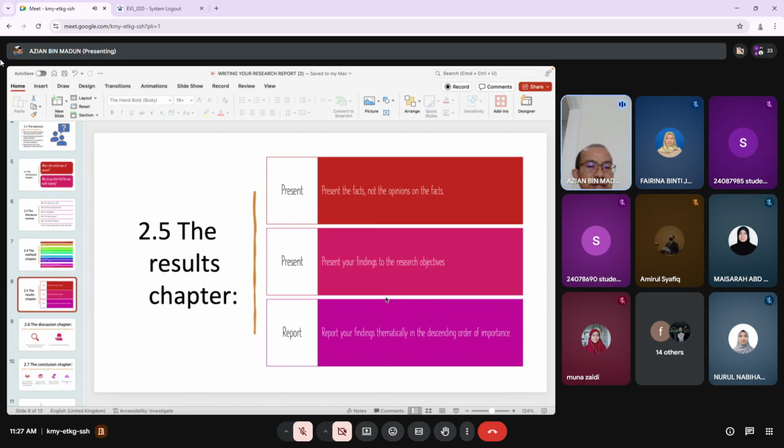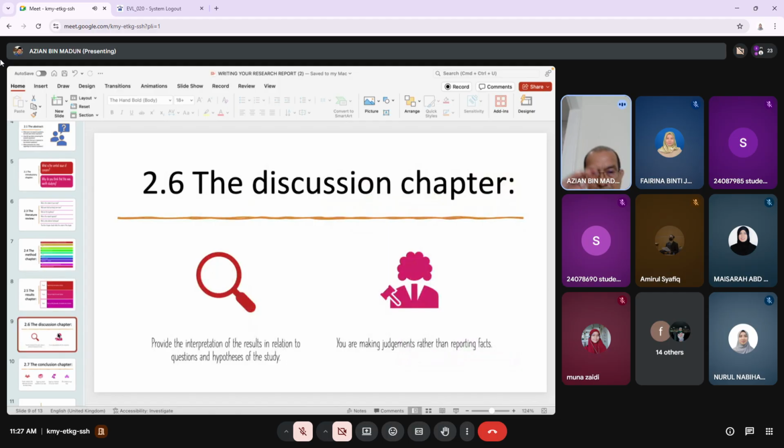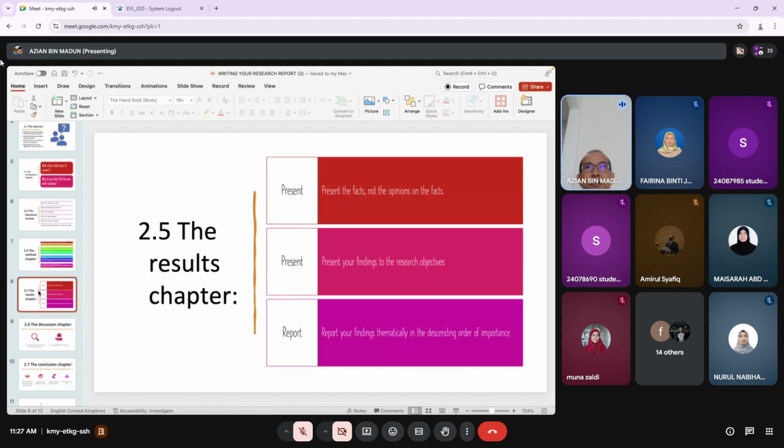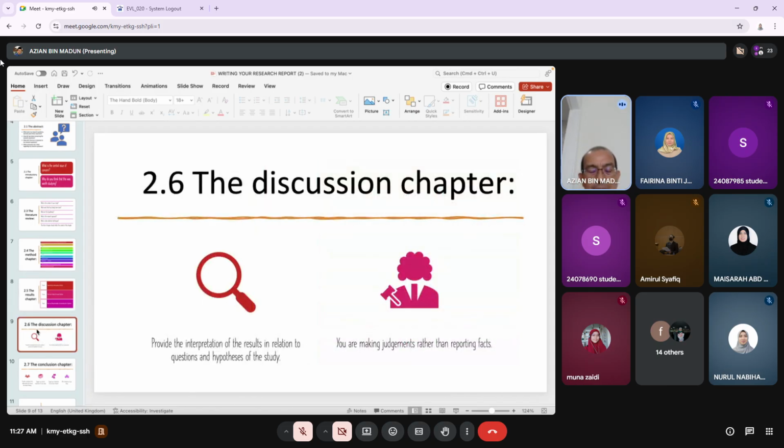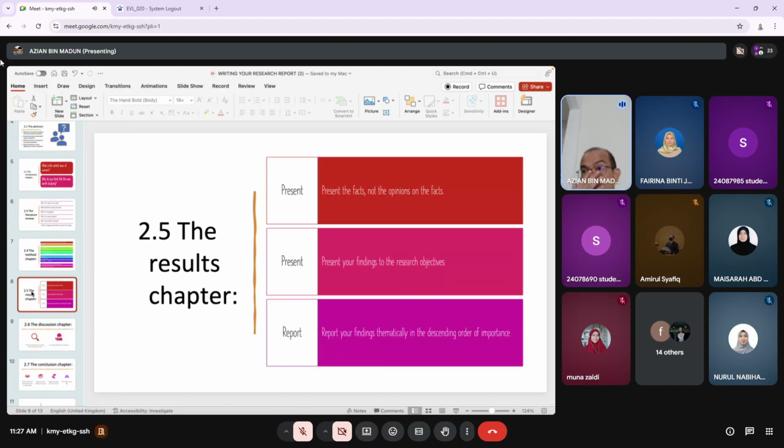So you present a lot of tables, figures and charts. That's why you have a separate discussion chapter, because this takes a lot. Like I said just now, in 9 out of 10 cases, if you are doing qualitative, the results and discussion are together, mainly because the results are not as many as in a survey.